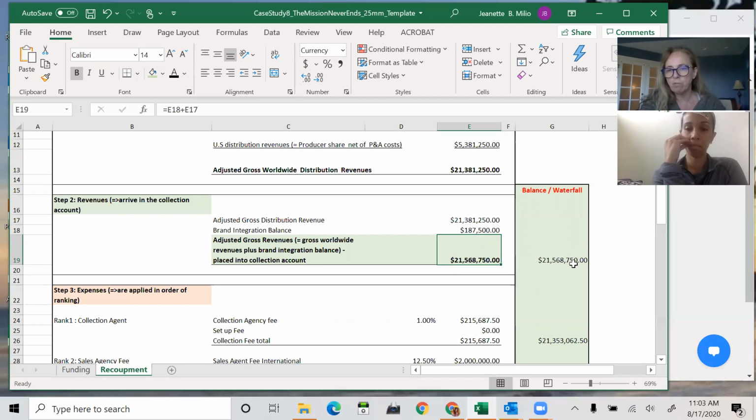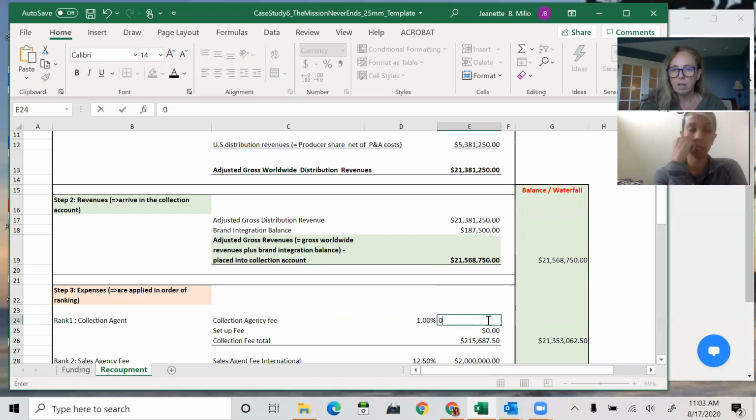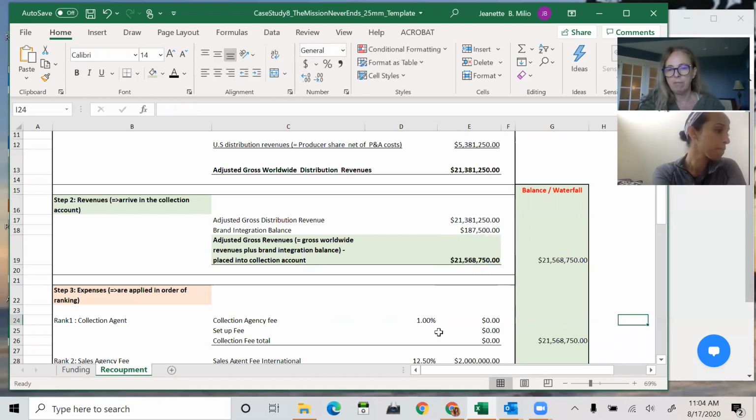I'm going to run a waterfall here on the side so that we always know where we are. So right now in our revenue bucket, we have 21,567,750. Our collection agent says, I'm being paid 1% of that. So how much is due to our collection agent? 1% of the 21 million?